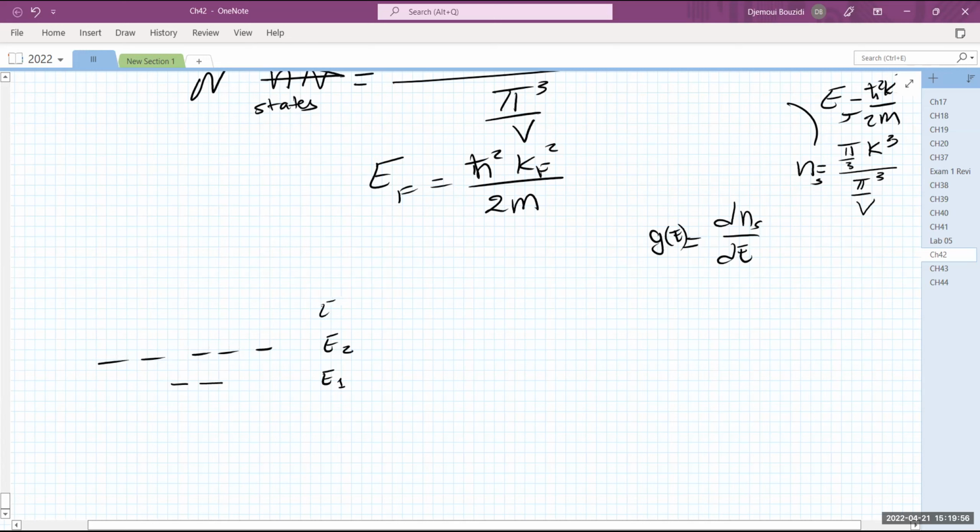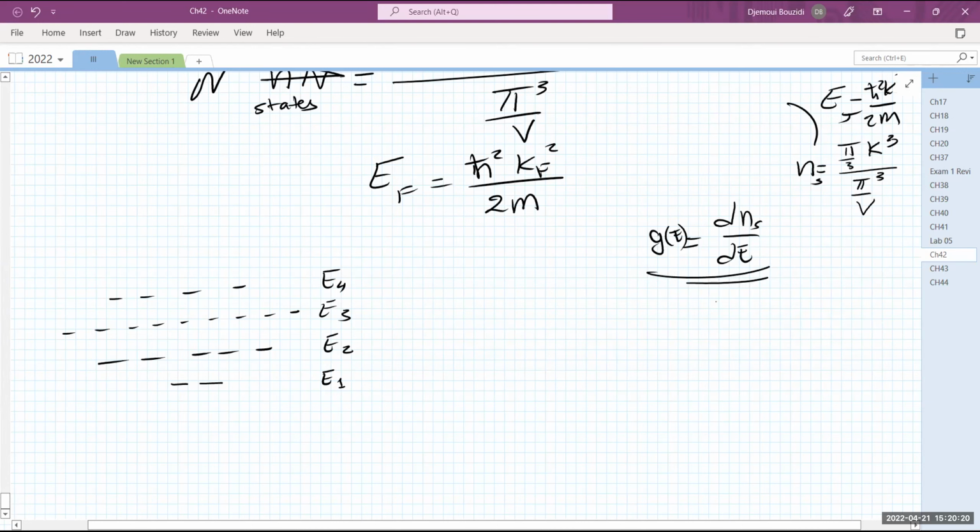And for E3, I have 1, 2, 3, 4, 5, 6, 7, 8 states. For E4, let's say I have 4, and so on and so forth. So I needed a function to tell me how many energy states are available for a given energy. This is the function that we're talking about.